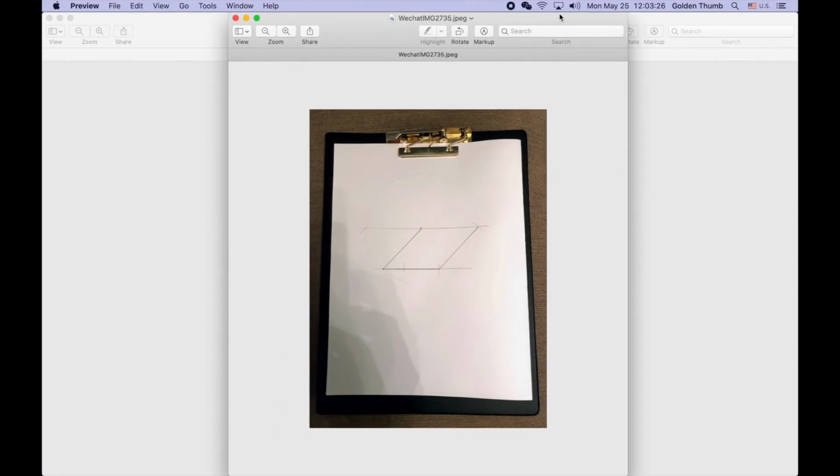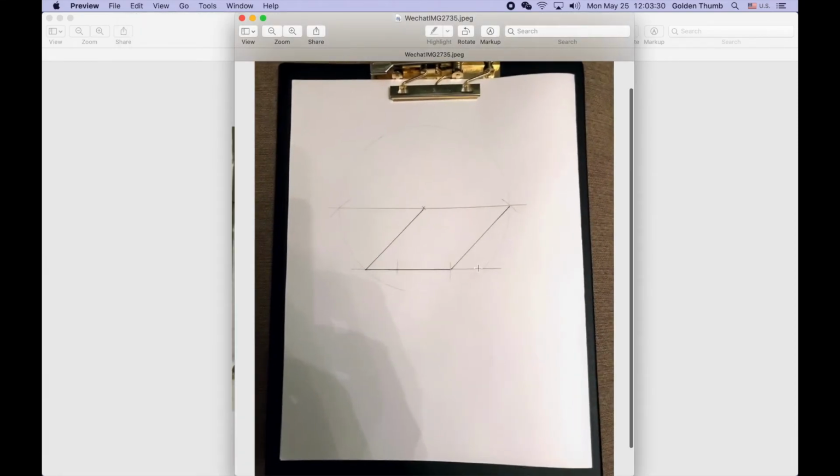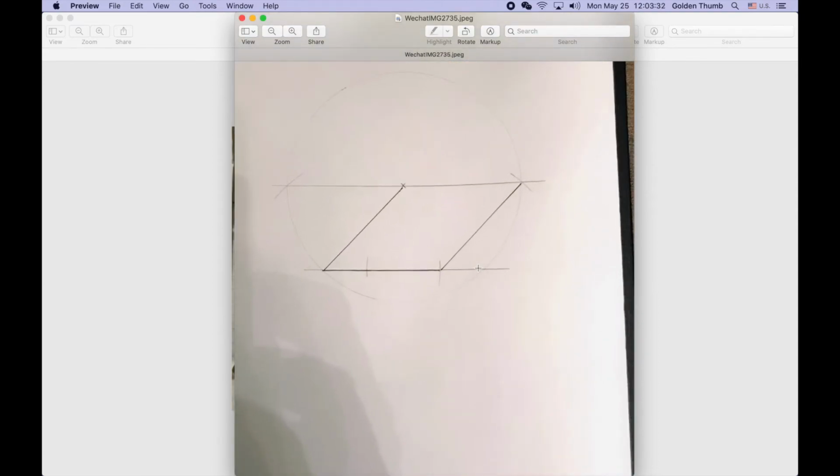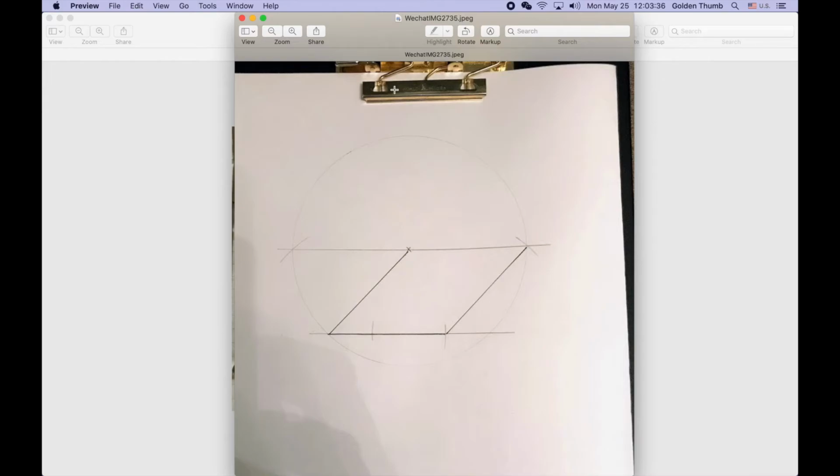Okay, let's move here. So let's see the circle, right? Very gently. And all the lines are elegant, you see?